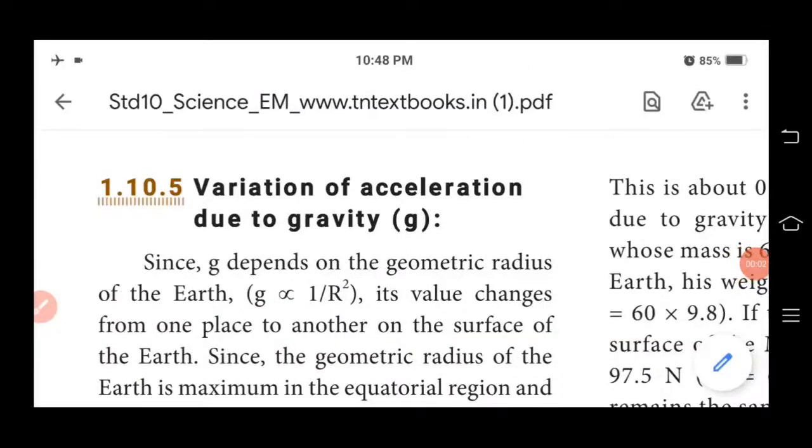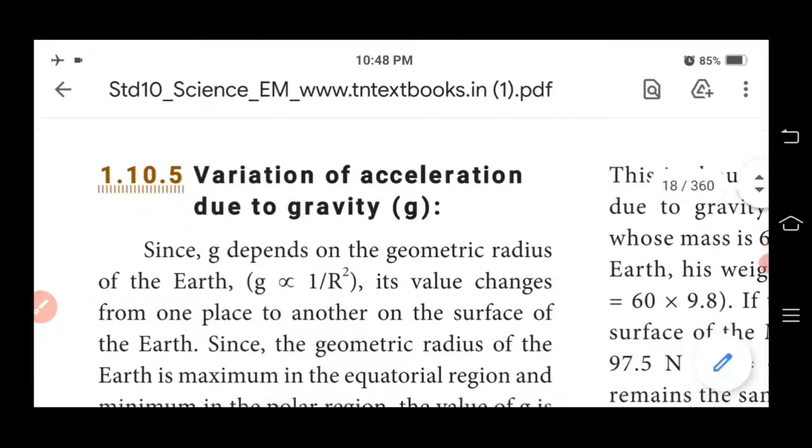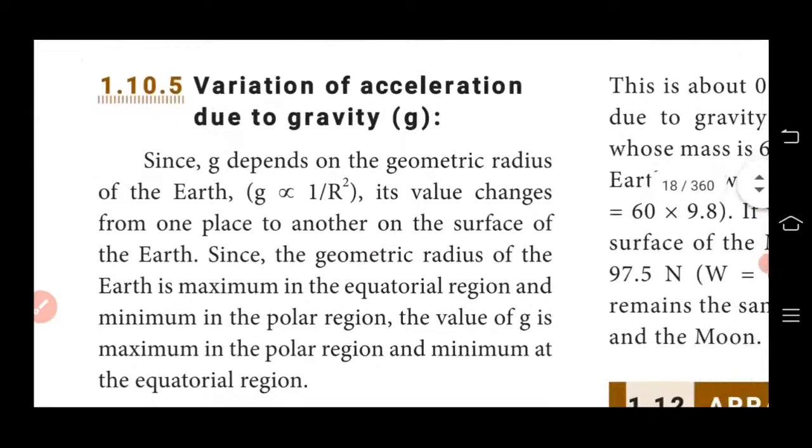And then variation of acceleration due to gravity, small g. Acceleration due to gravity is proportional to 1 by r square. So its value changes from one place to another, because in the polar region acceleration due to gravity is maximum, and in the equatorial region it is minimum.